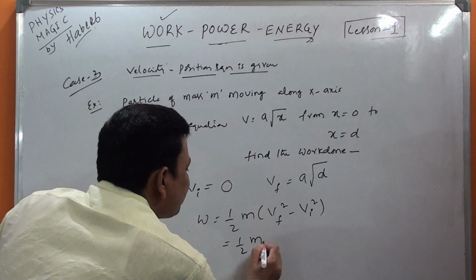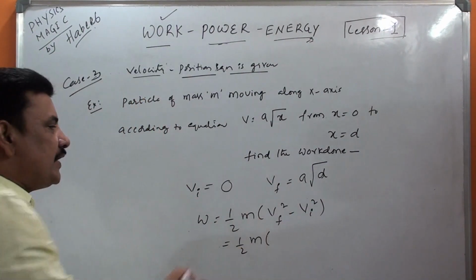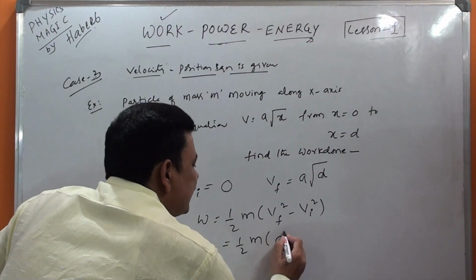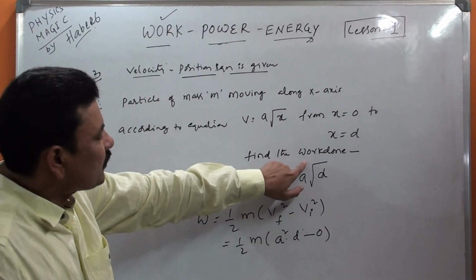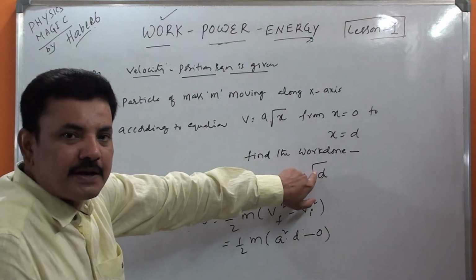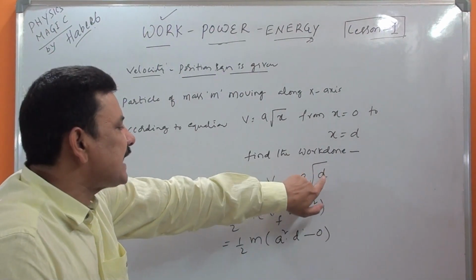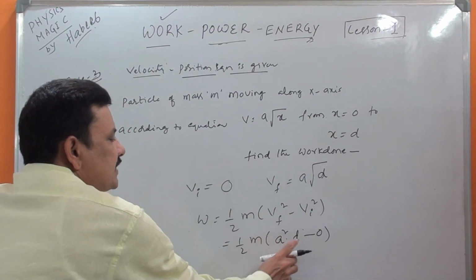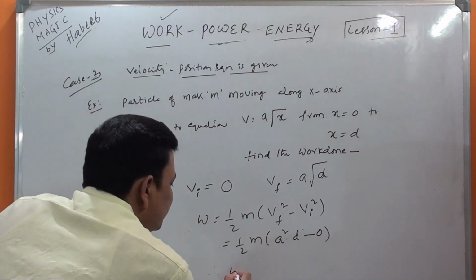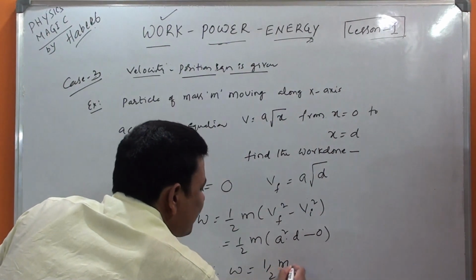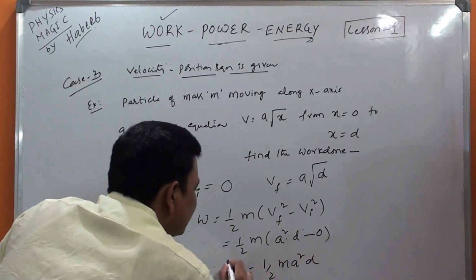Half m into v final is a square into d, minus 0. The square of this will become square and the root gets cancelled, only d will be left. So a square d minus v initial, which is 0. Therefore W is equal to half m a square d.